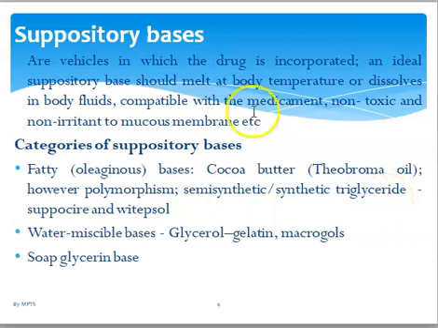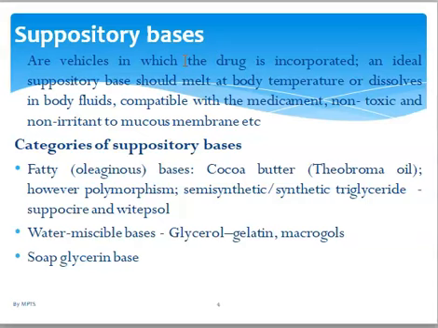Of course, what are suppository bases? All API, drug and other excipients are incorporated into a base called suppository base, because this is the vehicle for the drug. A suppository base is meant to melt at body temperature and release the drug. The suppository base should be compatible with the medicament, and it should be able to release the medicament.